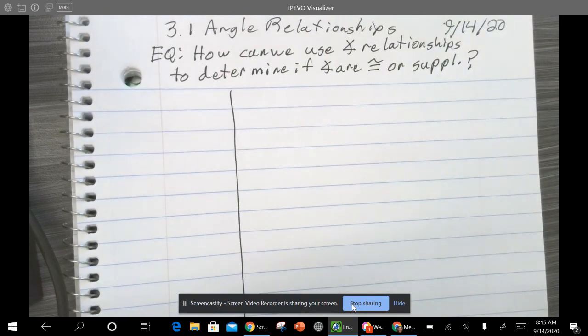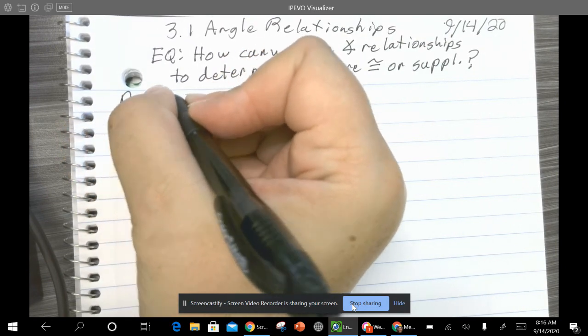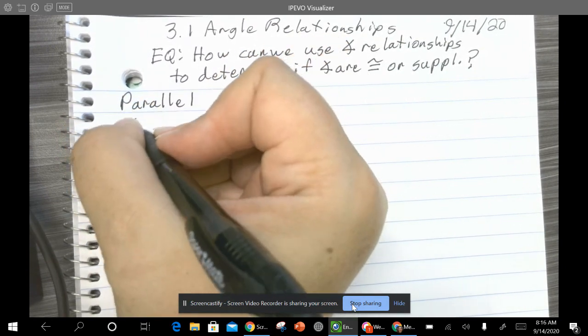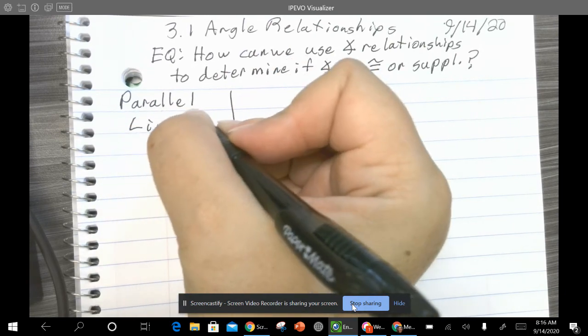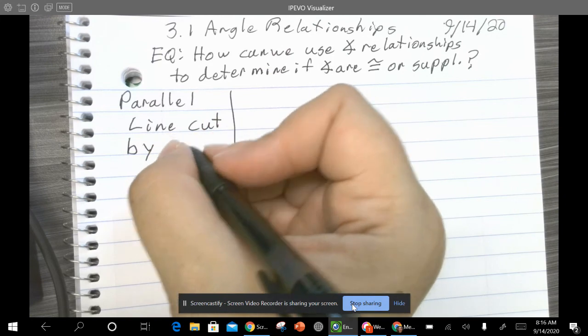Okay. So we're working with parallel lines cut by a transversal.